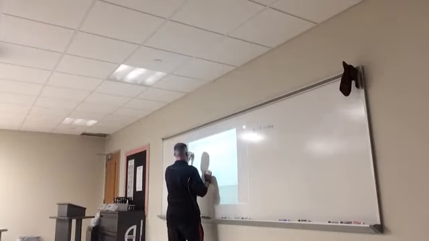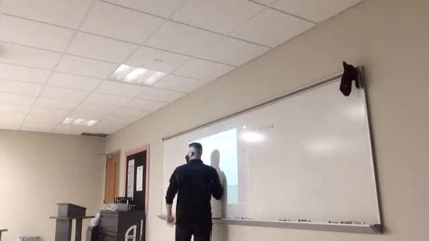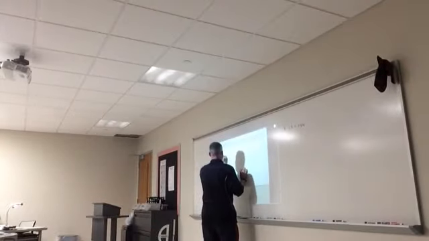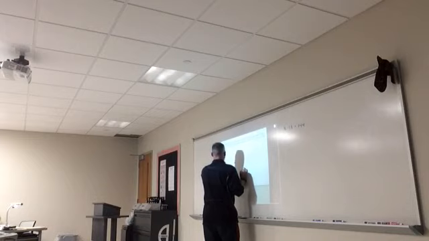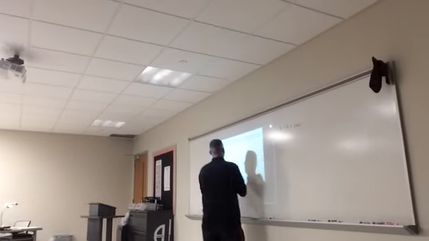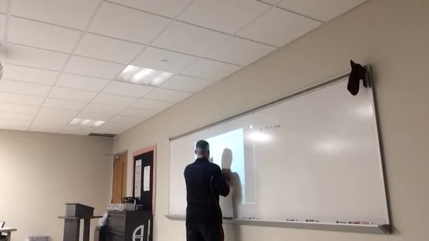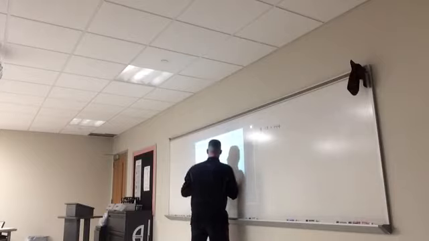Let's start with the prime factorization of 8. 8 can go into a 2 and a 4, and 4 goes into a 2 and a 2. There's my 3 prime numbers. 18 goes into 2 and 9, and 9 is going to go into 3 and 3.